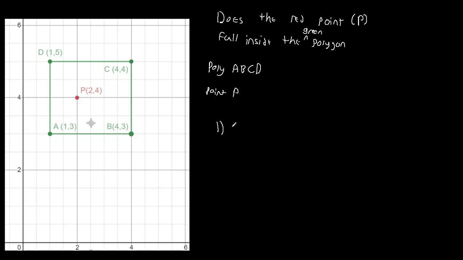But the first thing is just: does P fall in what we call the bounding box of the polygon? In this case, it's a little odd because our bounding box is actually the polygon.